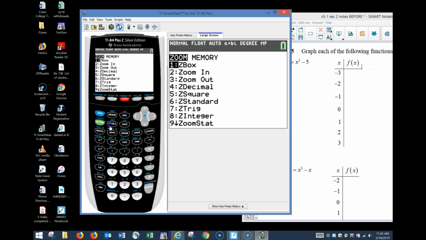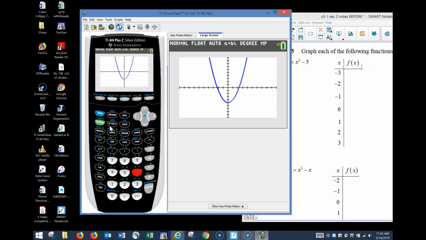So zoom 6. And you should be seeing this nice little parabola sitting in this exact part of the graph. If you've got a parabola but it's somewhere else, then something's not correct. Either you didn't type it right, or you didn't do zoom 6.